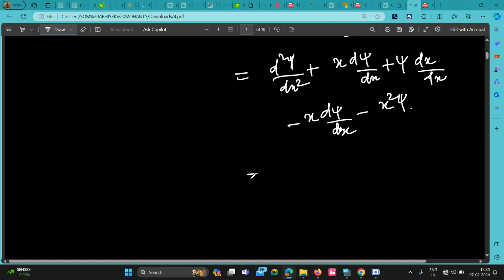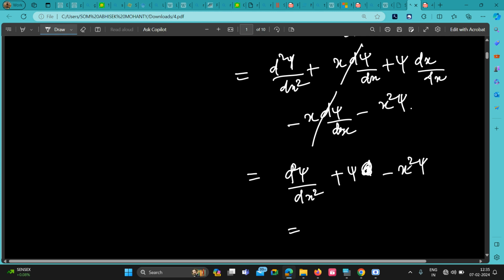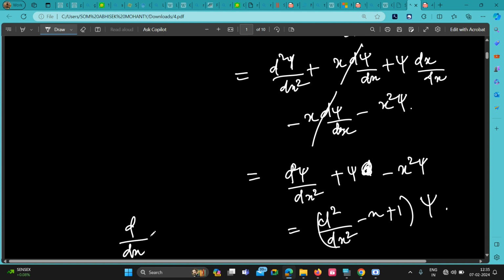See, this will be cancelled out. So d²ψ/dx² plus ψ, since dx/dx is 1, minus x²ψ. If I take out the psi, it is (d²/dx² minus x² plus 1) acting on psi. On the left side the operator was (d/dx minus x)(d/dx plus x) acting on psi, so we can cancel psi out.